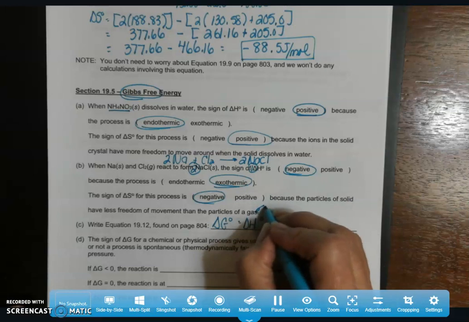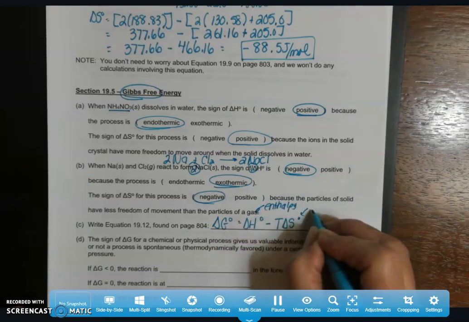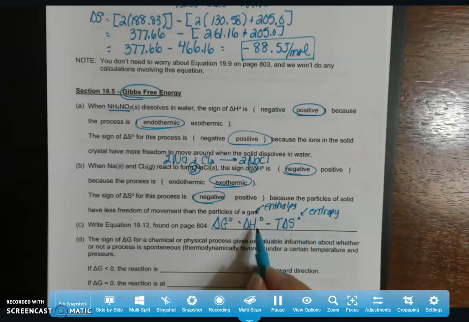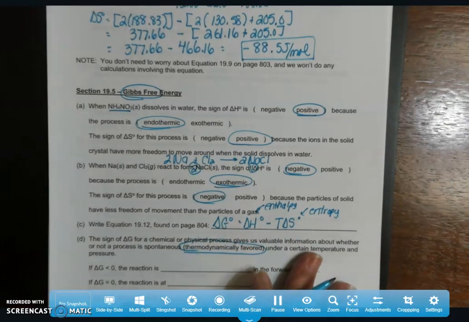So this is enthalpy and this is entropy. Both of these need to be favorable in order for this value to indicate that the reaction is thermodynamically favored.